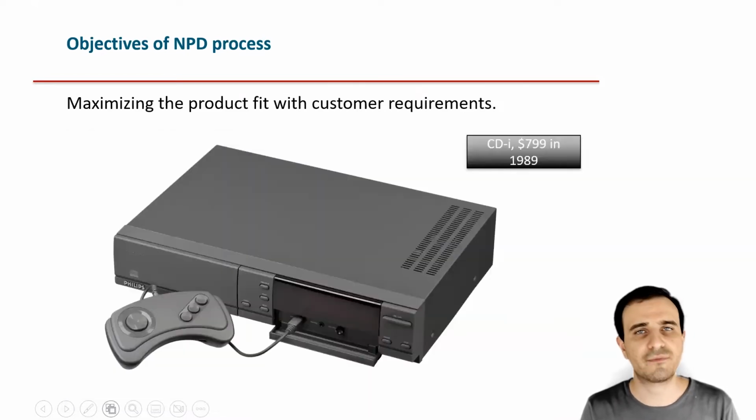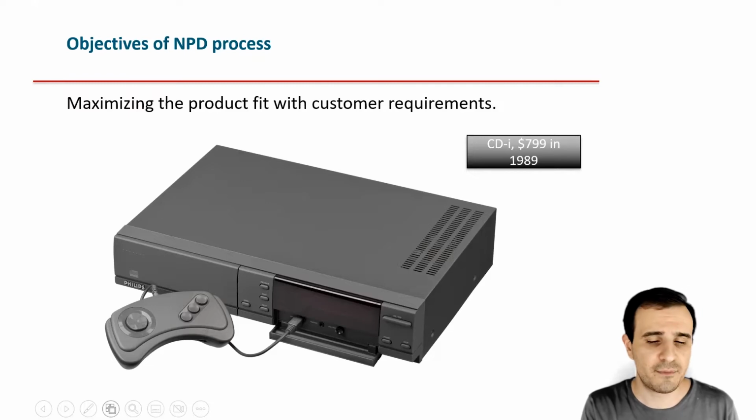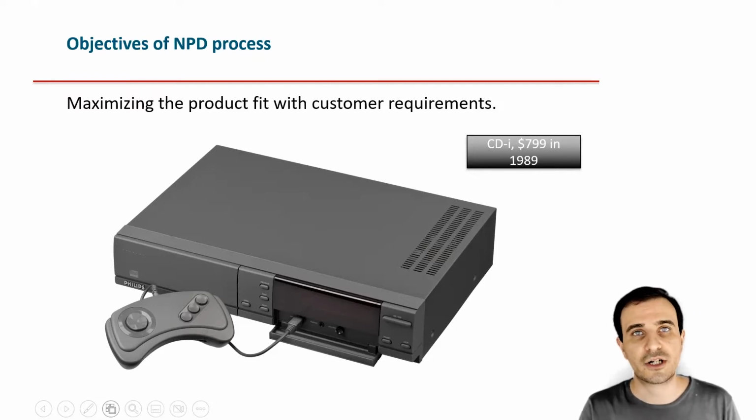Another example, still on this factor of maximizing the product fit with customer requirements, comes from Philips. This is actually in the gaming industry. The CDI was the response by Philips to PlayStation and other gaming consoles.